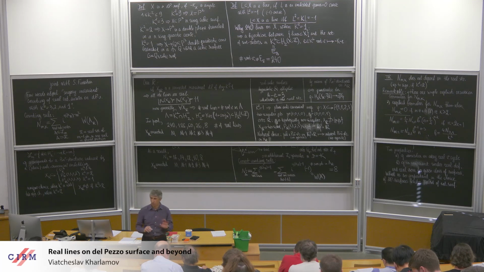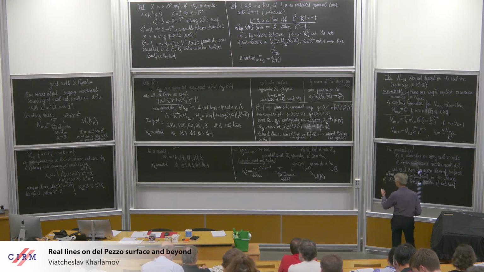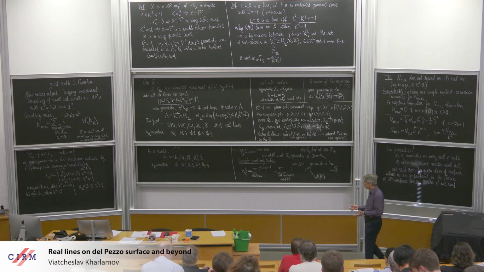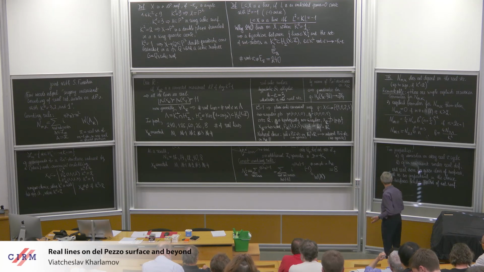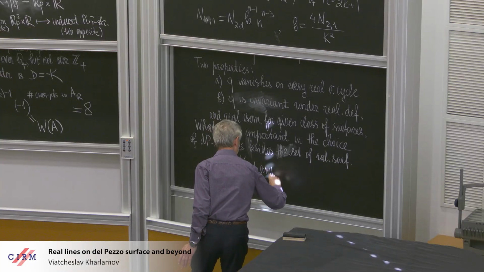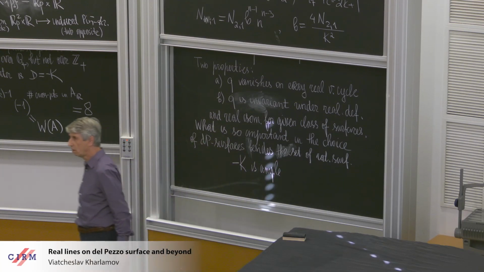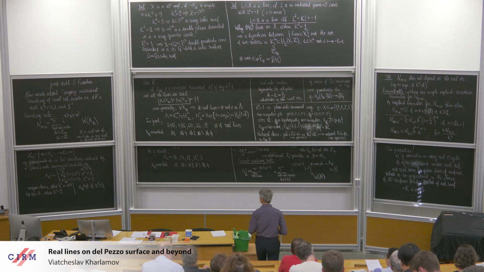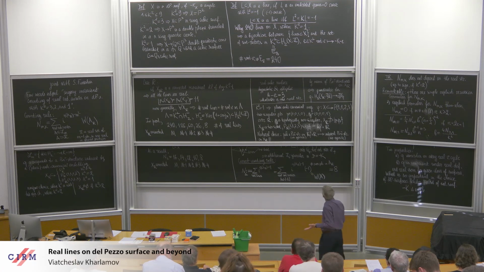And by my opinion, it's doable in general. But what helped us, it was crucial in my presentation from the very beginning, from the very definition of del Pezzo surfaces, that minus K is ample. Semi-ample is not an abstraction. What is really important is that minus K is ample, because otherwise what am I speaking about.